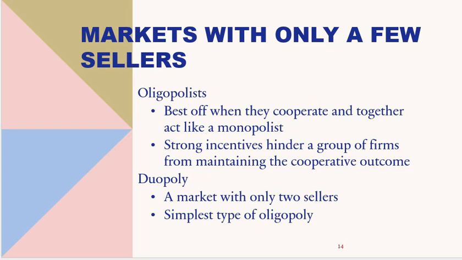From a customer's perspective, when you are shopping at a market with only a few sellers, the last thing you want to see is those few sellers, those oligopolists, cooperating with each other and acting like a monopolist. In that sense, they have all the market power. There is no competition between them. They're all against the customers, and they can feel free to charge a high price.